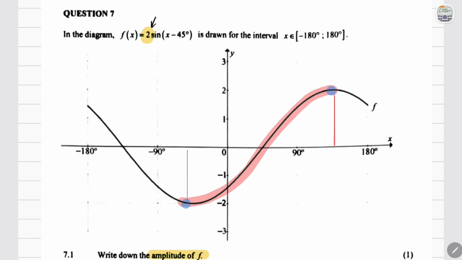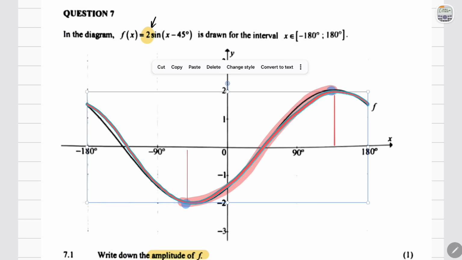Now, you just need to remember what this graph was. It was a normal sine graph, or one with an amplitude of 2. But this graph has minus 45 degrees, meaning it was shifted 45 degrees to the right. So we would have to move it back to where it originally was.